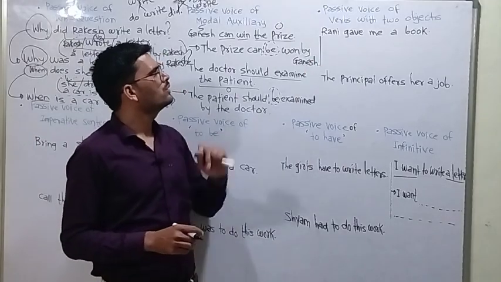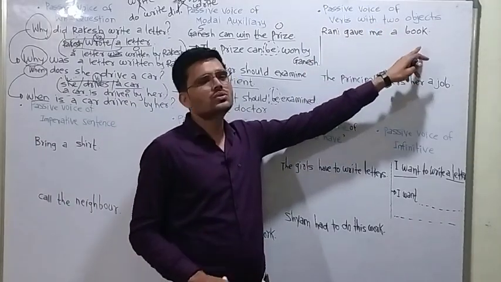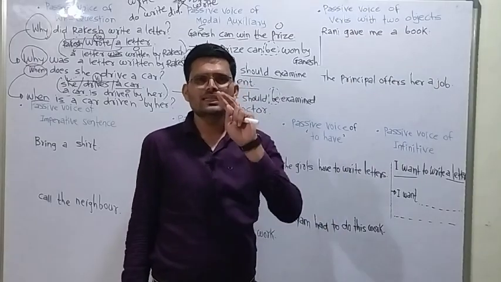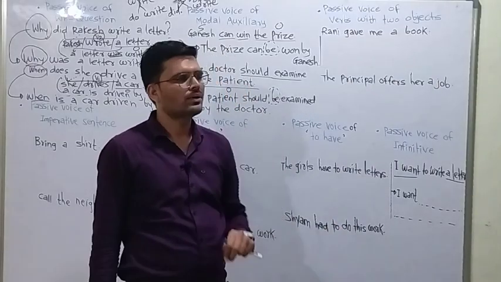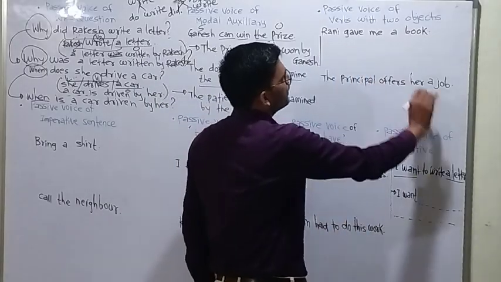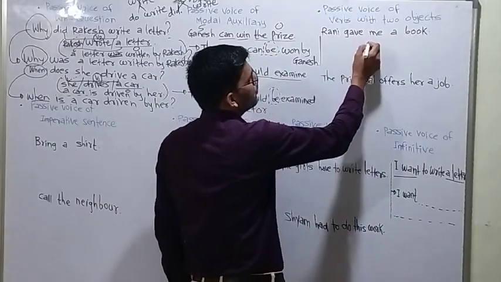Then next, passive voice of verbs with two objects. In one sentence there are two objects, and we can convert active voice into passive voice in two ways. For example, Rani gave me a book. Rani gave what? A book.